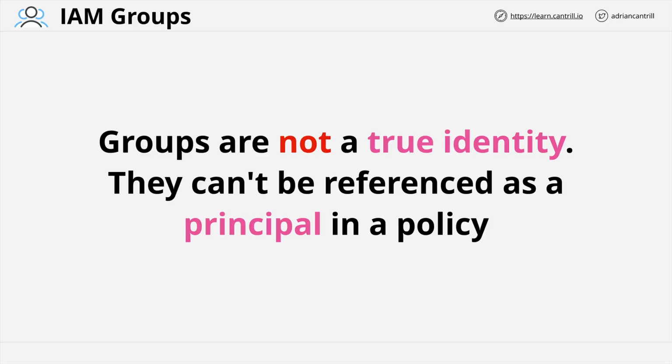It's easy to overestimate the features that a group provides. Don't fall into the trap of thinking that a group offers more functionality than it does. It's simply a container for IAM users. That's all it's for. It can contain IAM users, it can have permissions associated with it. That's it. You can't log on to them and you can't reference them from resource policies.